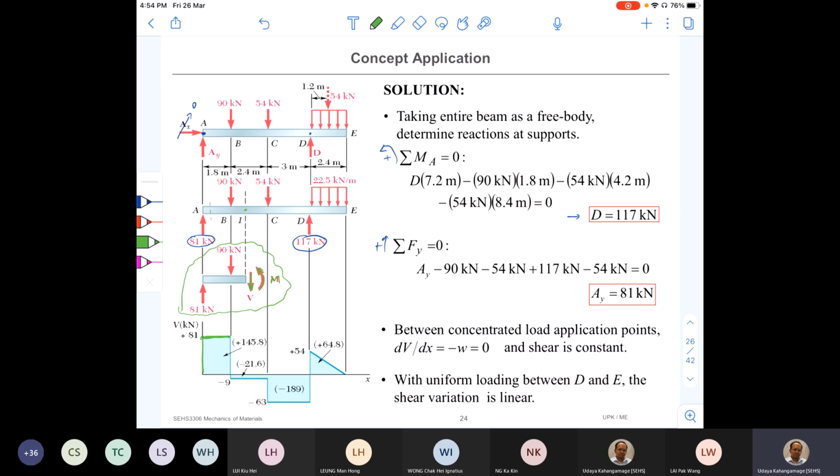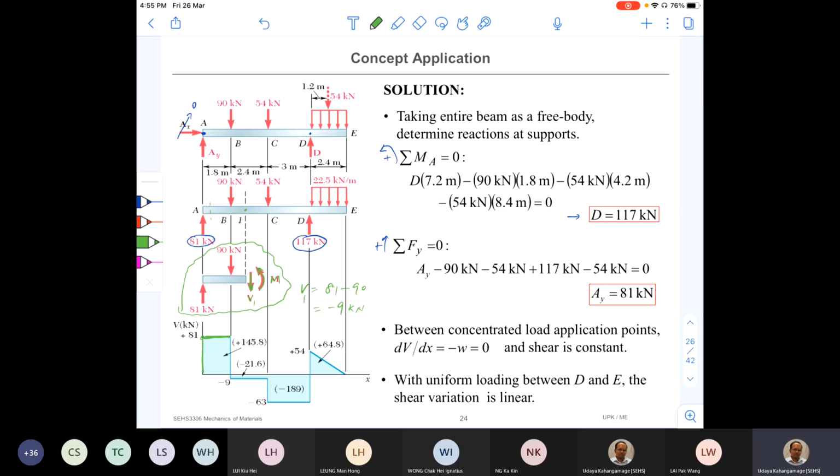Okay, so V is downwards, 81 is upwards, right? Therefore, I can say V is equal to 81 and the 90, negative 90. So here, let's mark this one as V1. Therefore, V1 here is equal to 81 minus 90, that is minus 9 kilonewton.